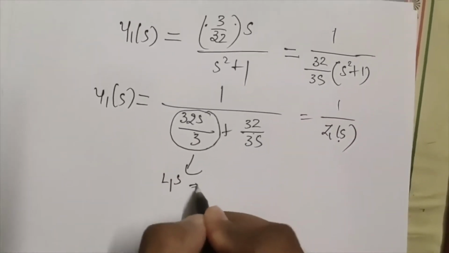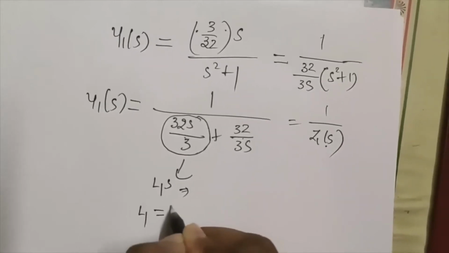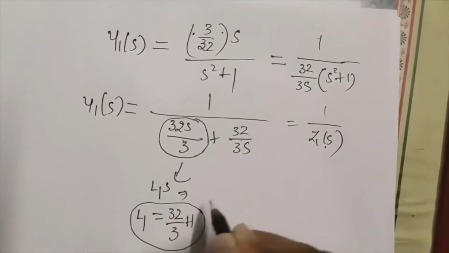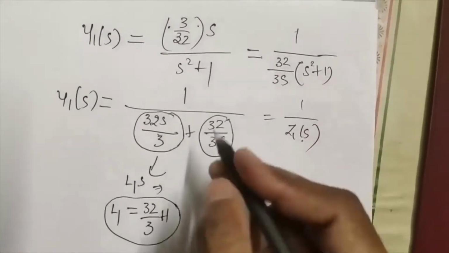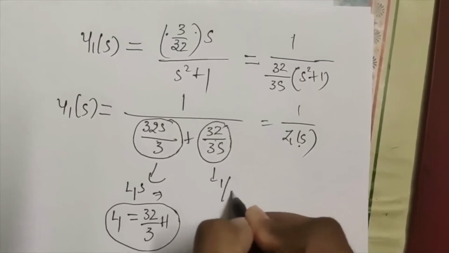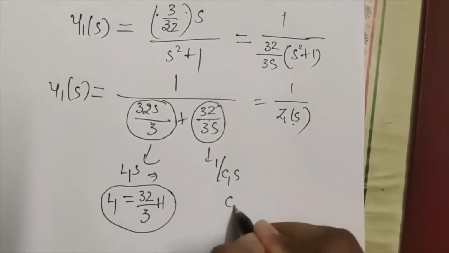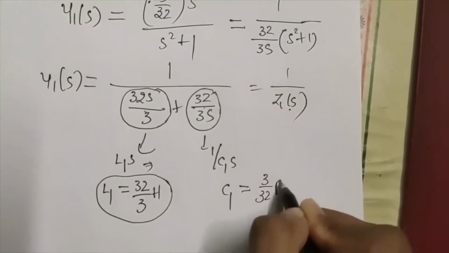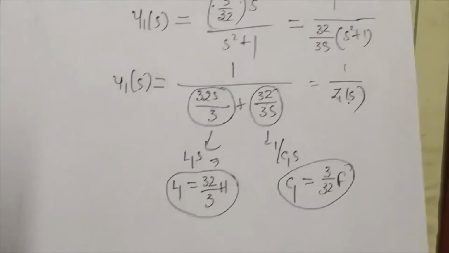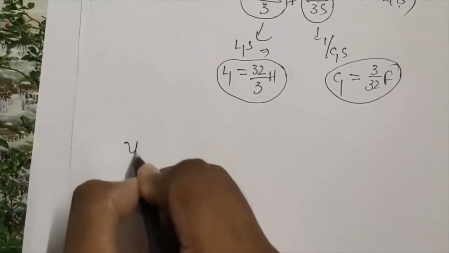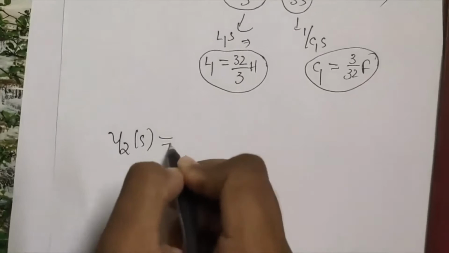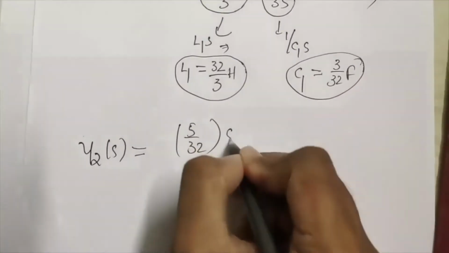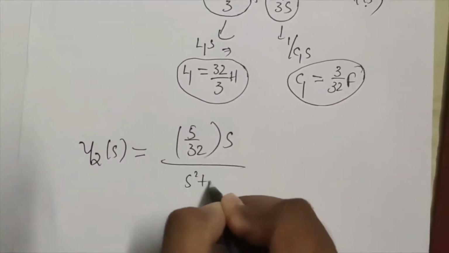So the L1 value will be 32 by 3 henries, and this term is in the form of 1 by C1s. So the C1 value is 3 by 32 farads. Similarly, Y2, if I consider, it is 5 by 32s divided by s square plus 9.